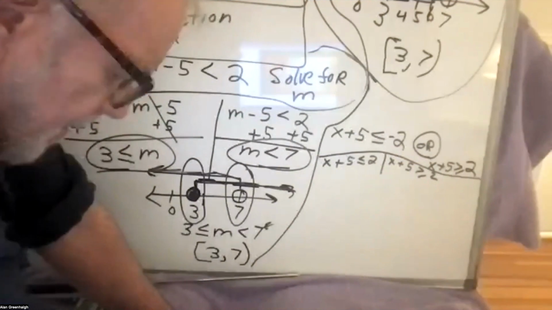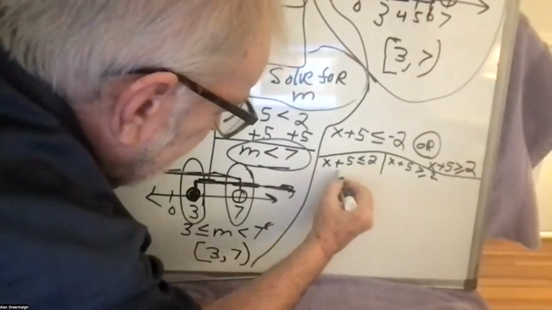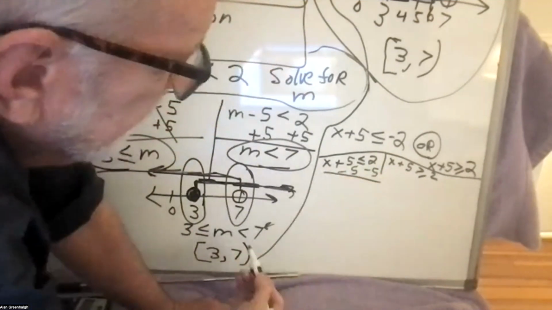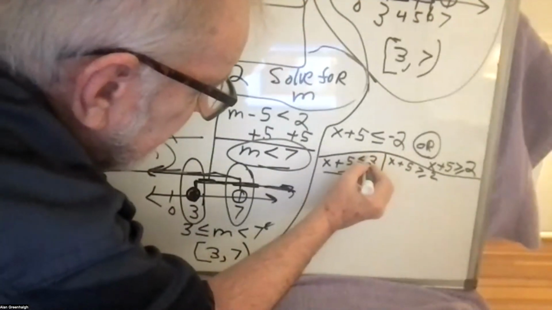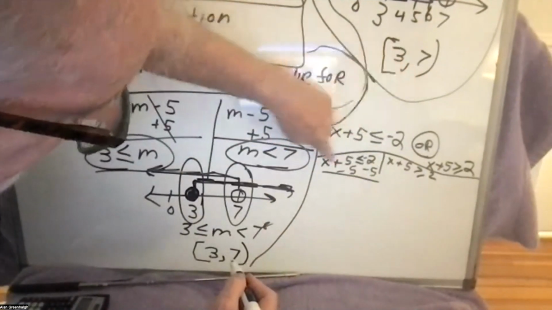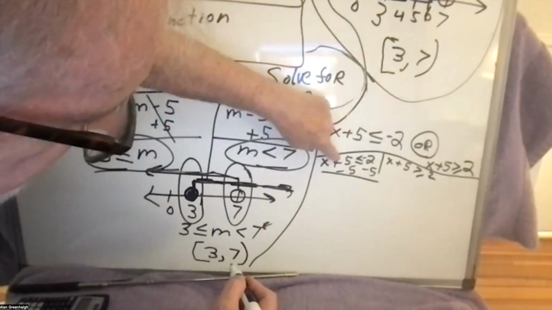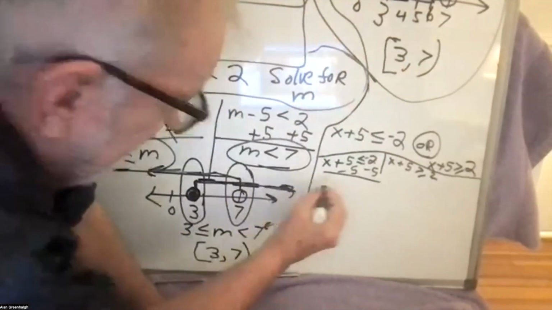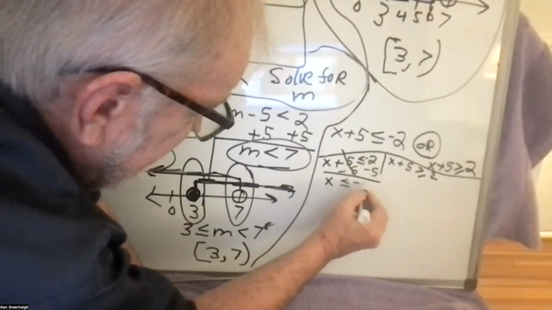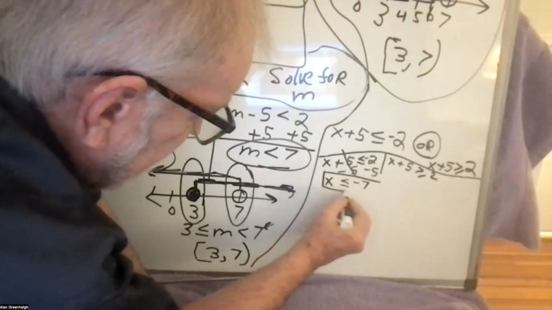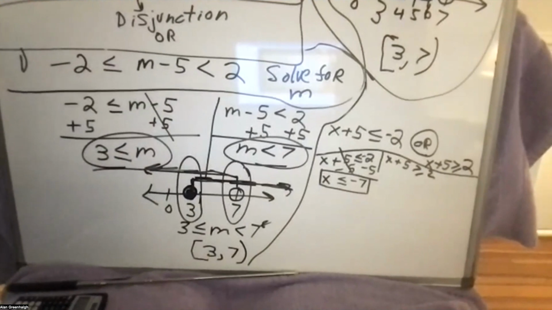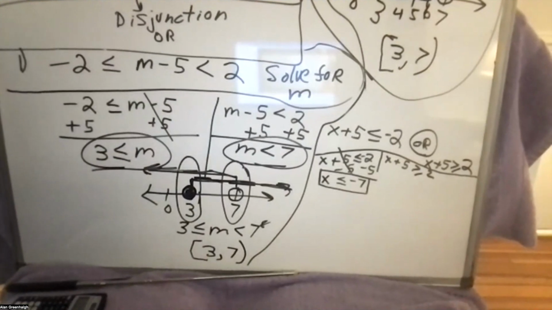Okay, I'm solving them. I'm doing -5, -5. Apparently I left out something here. I left out a negative. I copied this over there and left out a negative, so I put that back again. X, this drops out, less than or equal to -7. This is one part of the compound inequality: X less than or equal to -7.